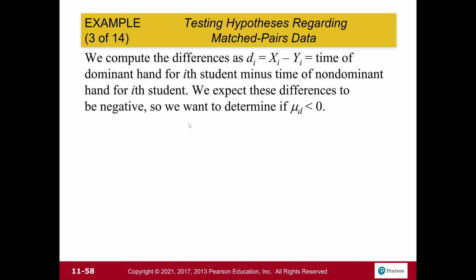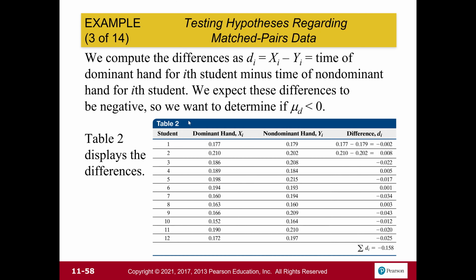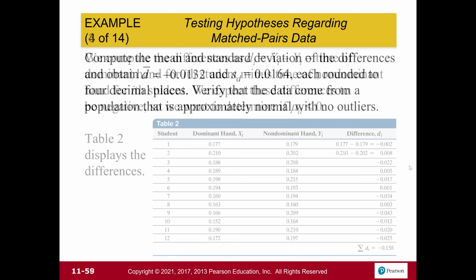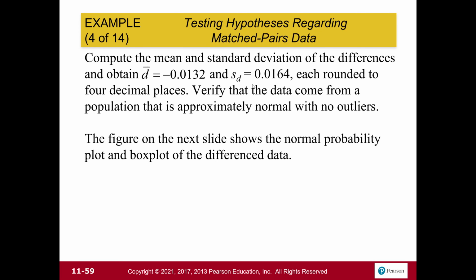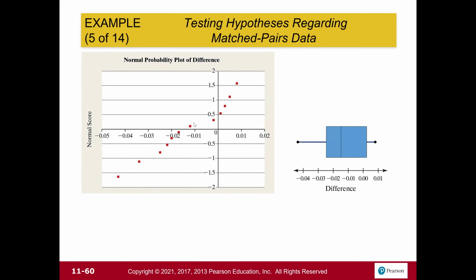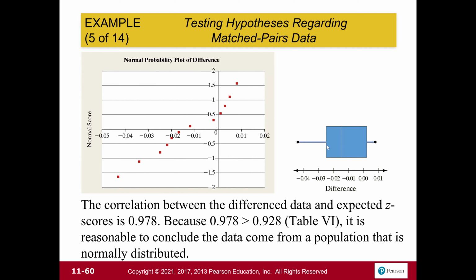We compute the difference, and the sum of the differences here. And we calculate the mean and the deviation. We check for normality. The data appears to check out okay.